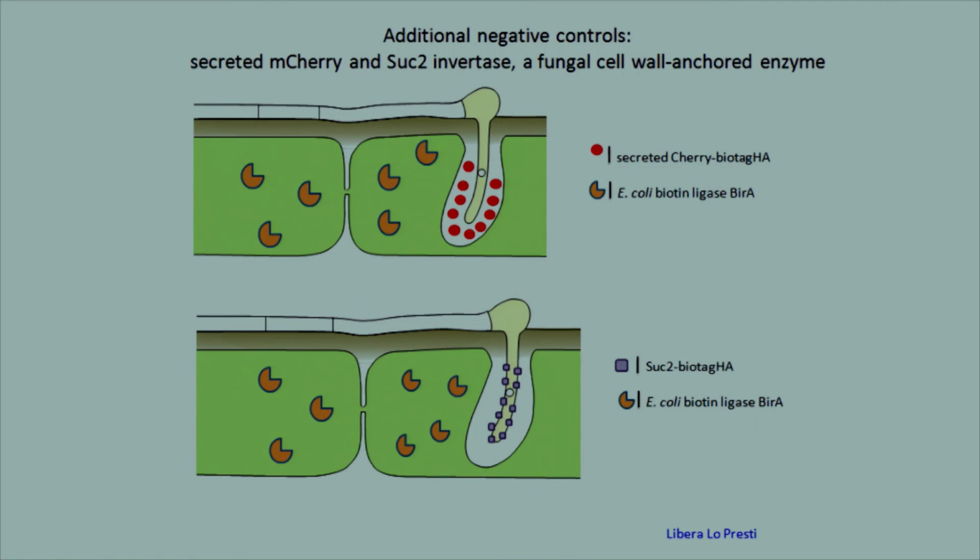In addition, we made sure that we have good controls. And we thought the best controls we can do are biotagged secreted mCherry, which should definitely stay in the apoplast, and SUC2, which is an invertase, which should be secreted but remain associated with the fungal cell wall. So this should definitely also not get in contact with the biotin ligase.